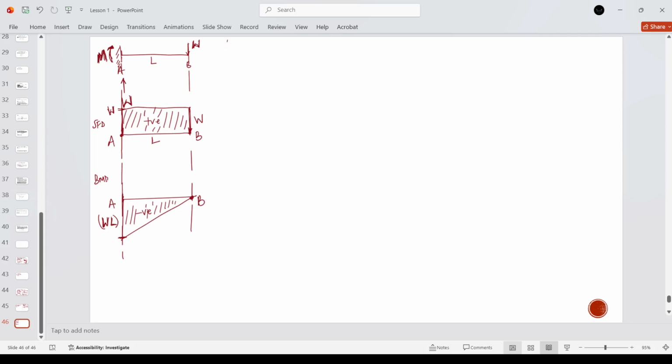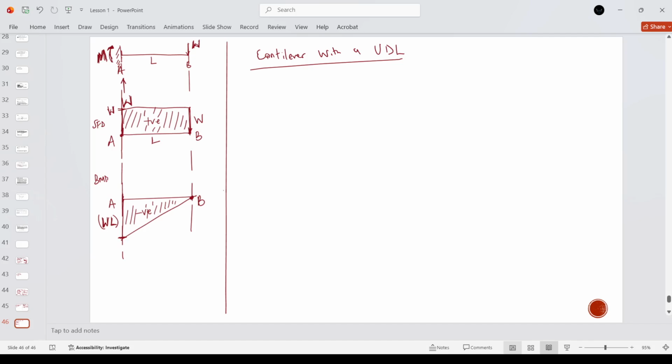Okay, so the fourth case is a cantilever with a UDL. Cantilever with a UDL. How do you go about that one? Okay, so this is a cantilever with a UDL. So it has a UDL AB.